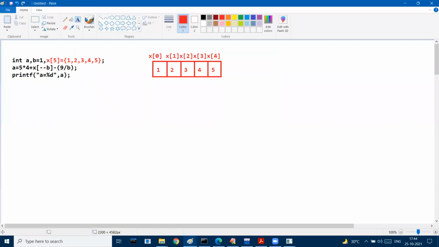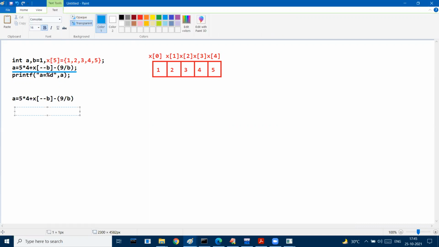Now you consider this line. What is there in this line? Your precedence and associativity knowledge will come into the picture. Observe carefully.